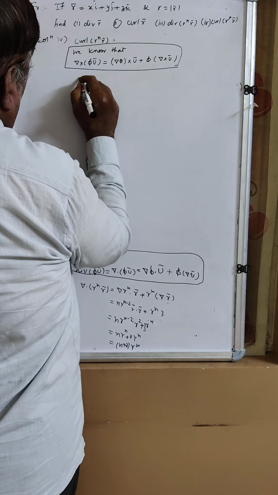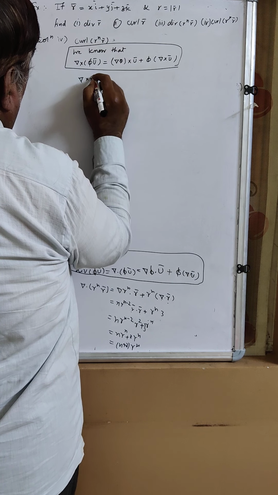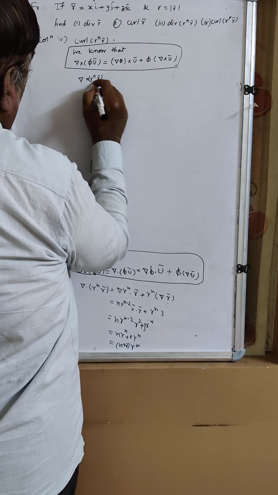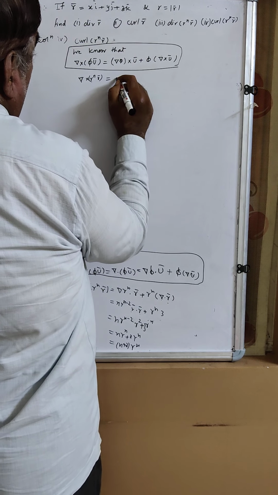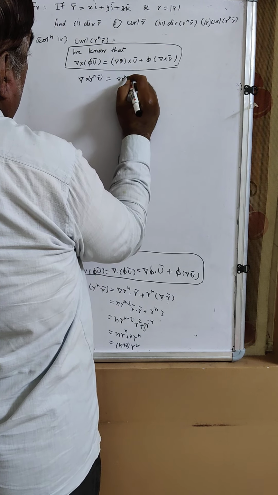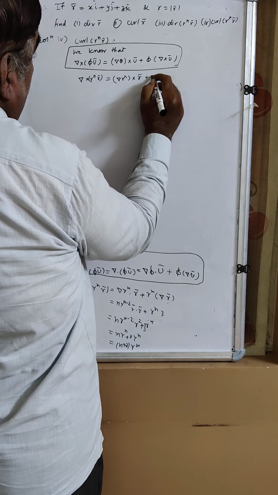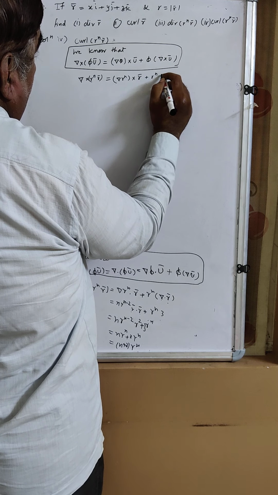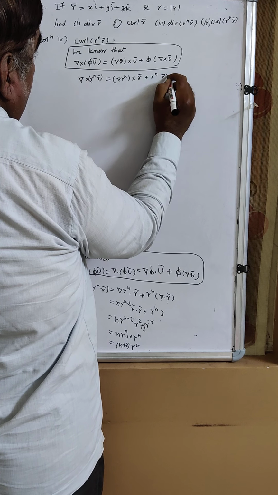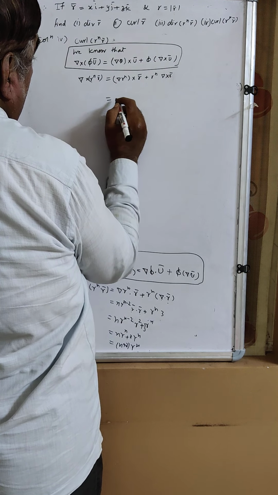Therefore, del cross r raised to n r vector is equal to del r raised to n cross r vector plus r raised to n del cross r vector.